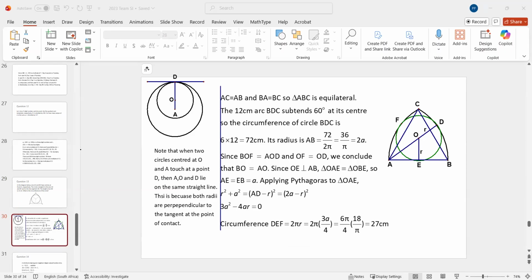So what we've got here is, in the end, circumference is 2 pi r, 2 pi times 3R over 4. A is the radius of the circle. The radius is 2a.